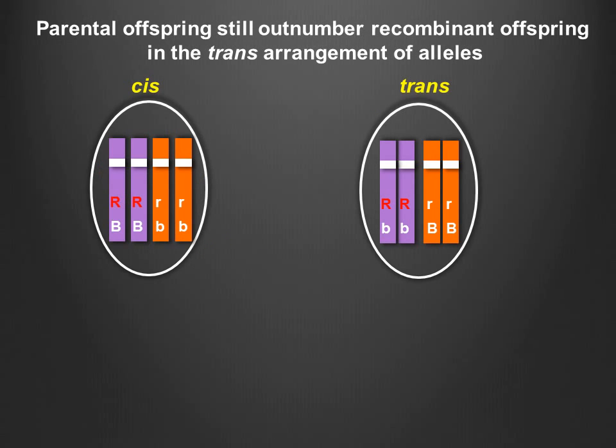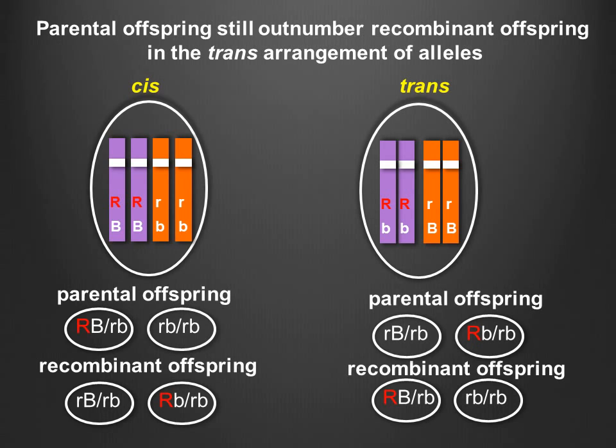Now consider the alternative arrangement of the two genes on the same chromosome. In the trans, or repulsion arrangement, each homolog carries one dominant and one recessive allele. This arrangement is similar to the cis arrangement in that the same four classes of offspring are generated.